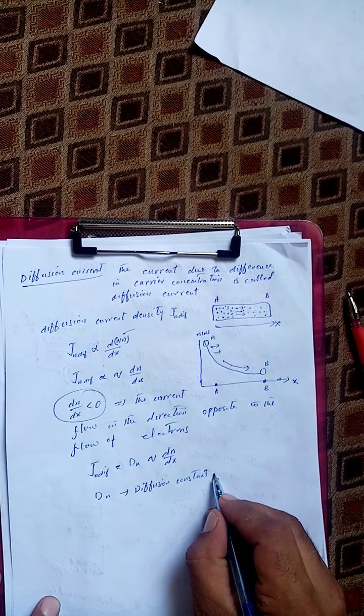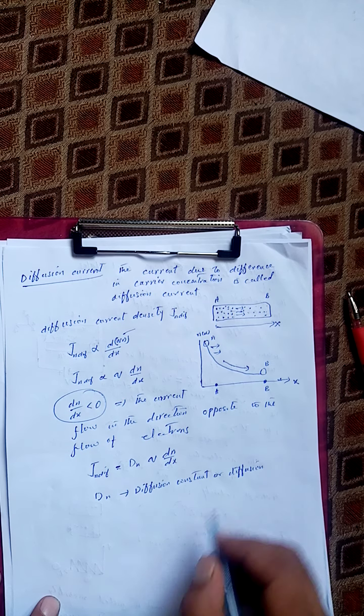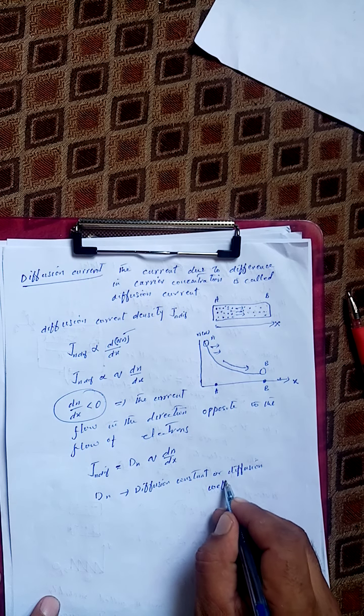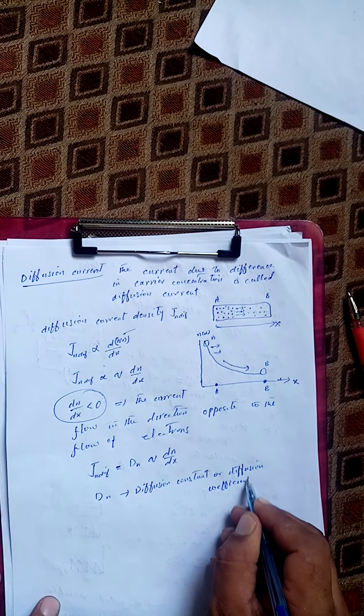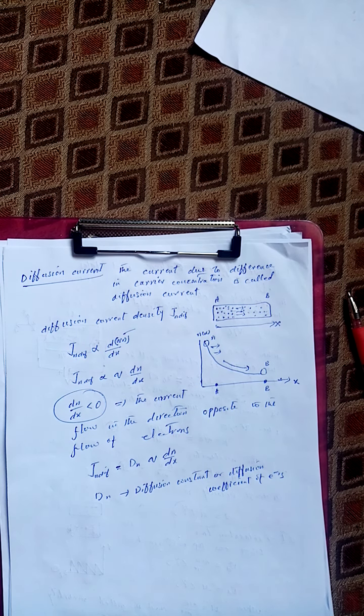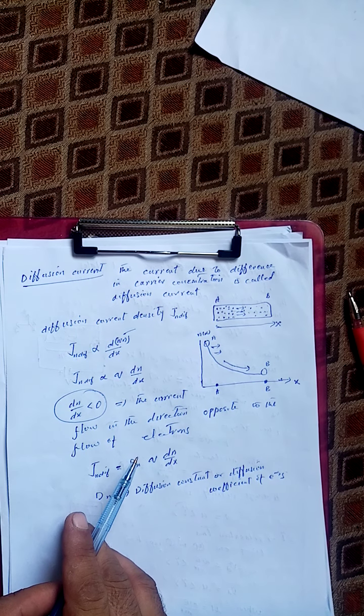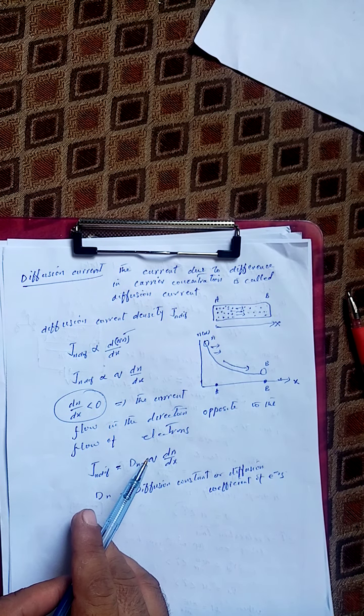This is called the diffusion constant, or diffusion coefficient of electrons. Now this is the diffusion current density of electrons. In general, n might not be a function of x only.